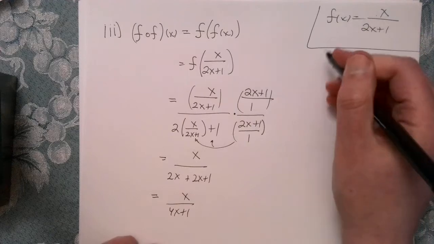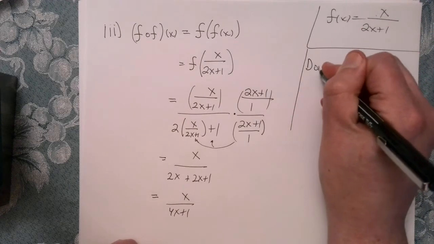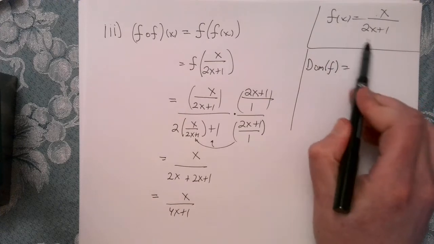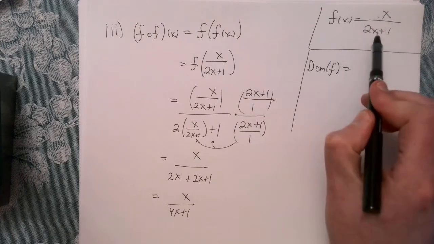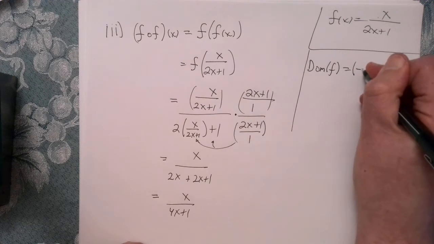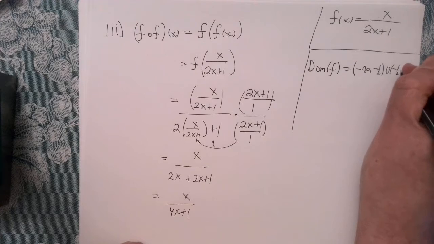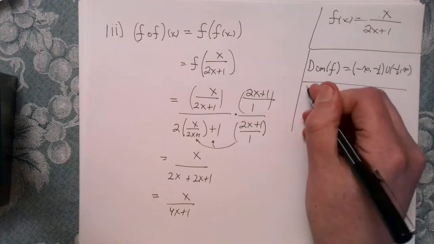And there's two things I want to know. So I want the domain of f. Okay, so are there any choices of x that would cause this function to be undefined? If x is minus 1/2, the function is undefined. So we want to avoid minus 1/2. And then remember, we're going to play the game.